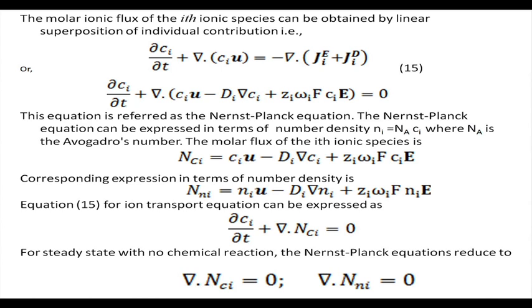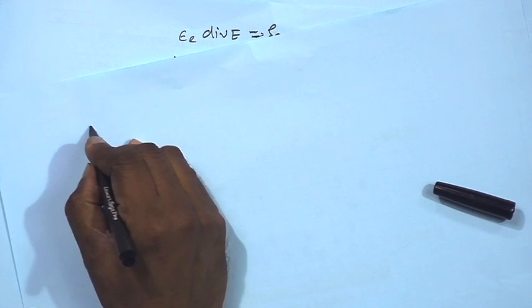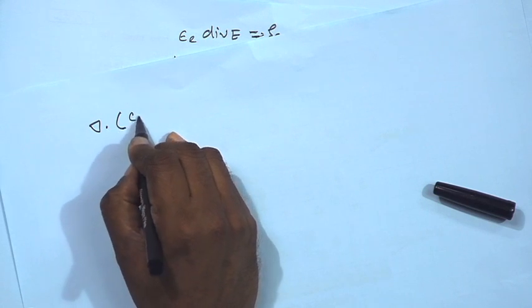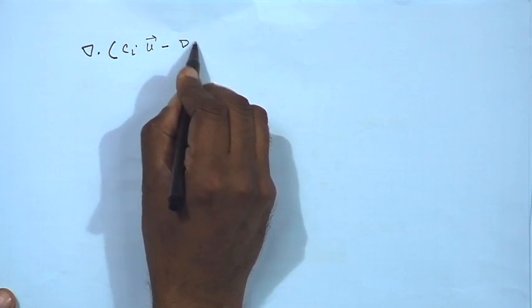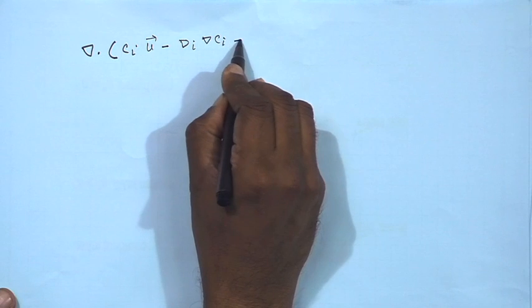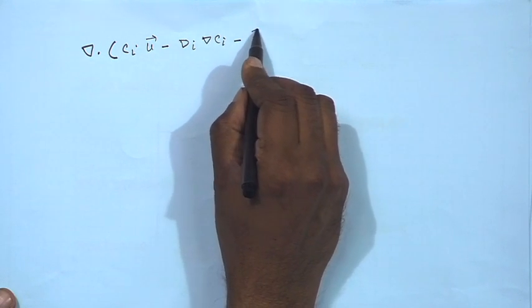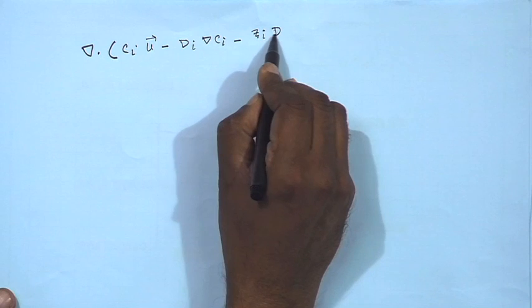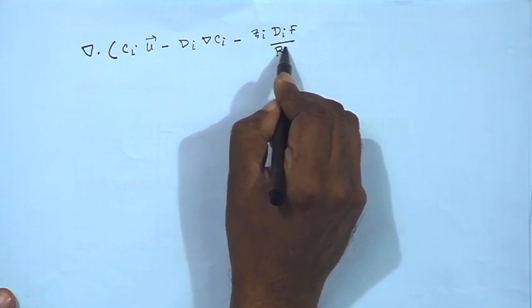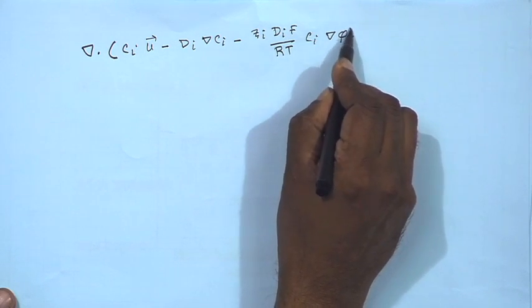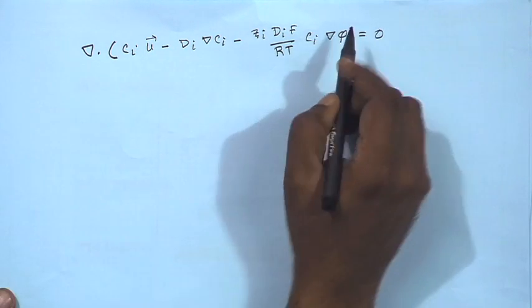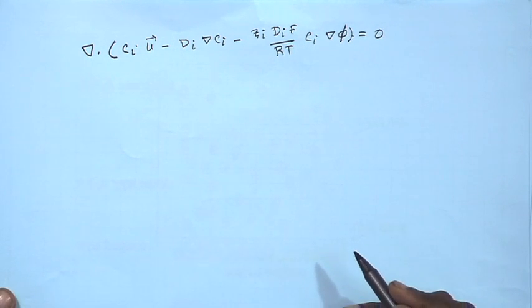So, this can be expressed in this form: divergence of N_Ci, that means C_i u, where u is a vector of course, minus D_i del C_i minus Z_i D_i F by RT, because omega_i is F by RT, times C_i grad phi equals 0.